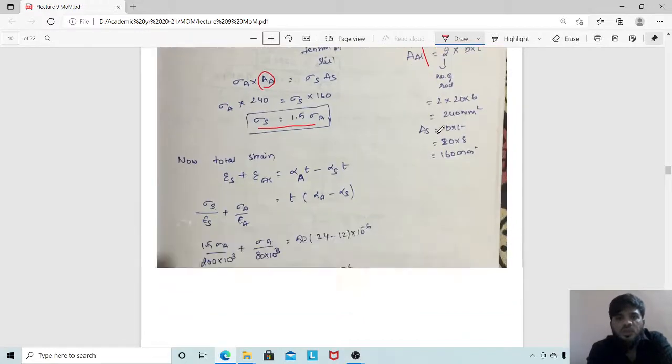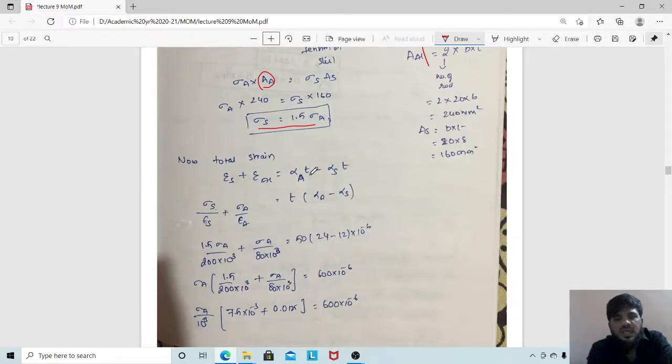That is the reason alpha is taken as positive whereas this is taken as negative. We know that ES is nothing but sigma S by ES. This is your strain formula. Strain is nothing but sigma by E, plus T into alpha A minus alpha S.